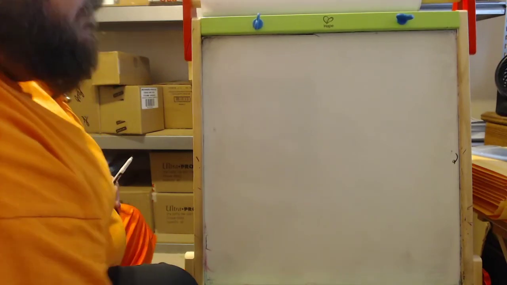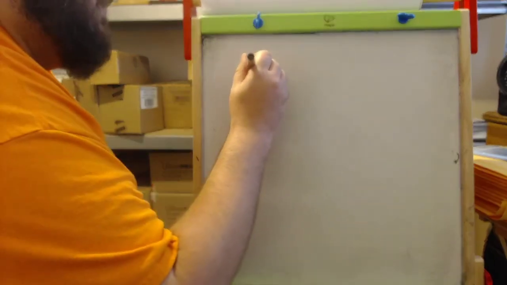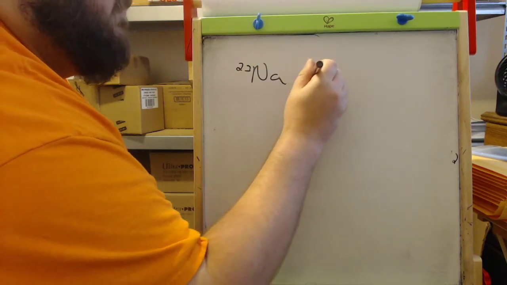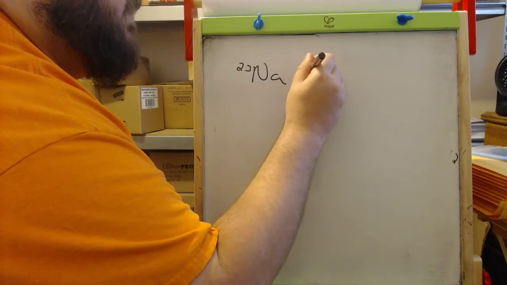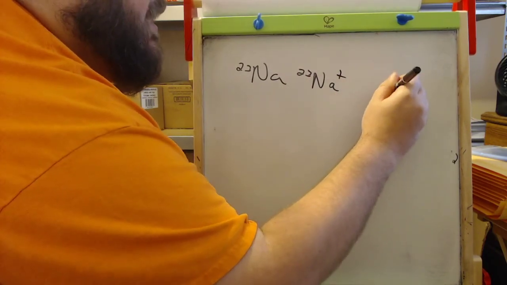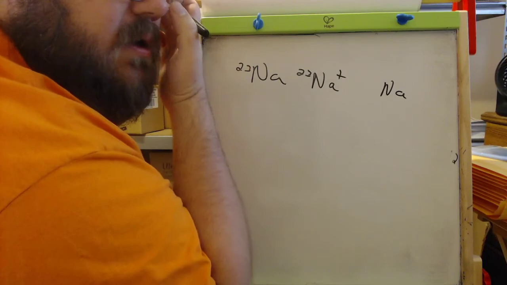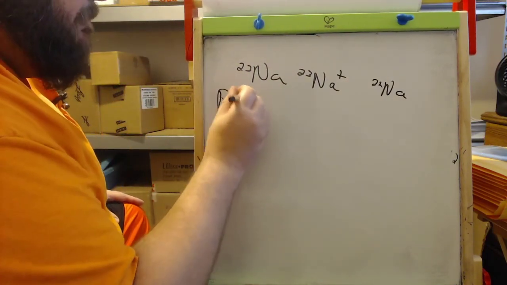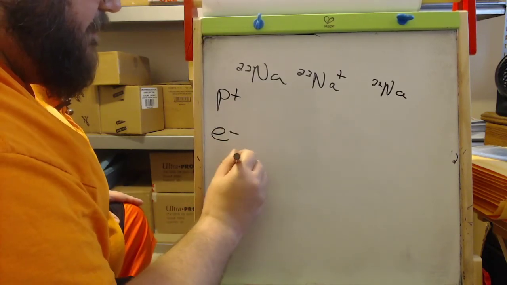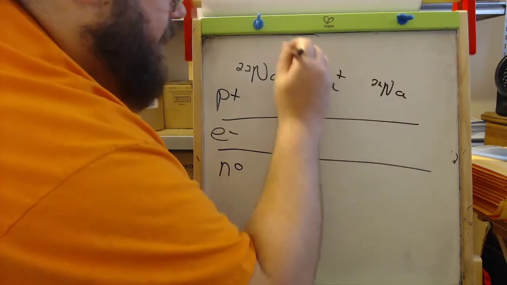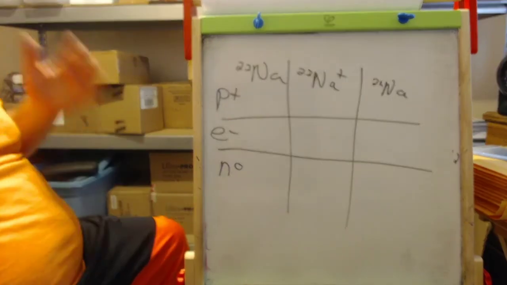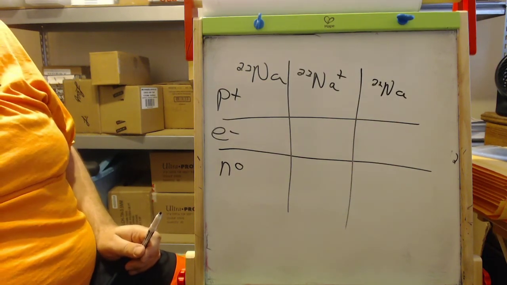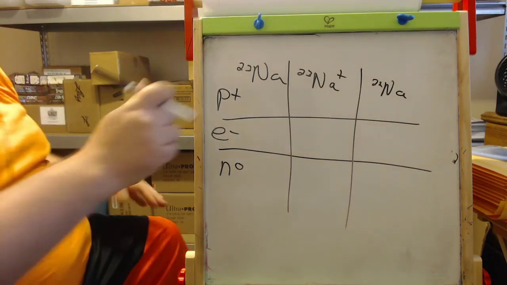For this reason: what if I was given the following? Na23, Na23 plus, and Na22. And I want to know the protons, the electrons, and the neutrons for all three of these species. Well, I'd look at the periodic table, find Na, and find the atomic number, which for sodium is 11.